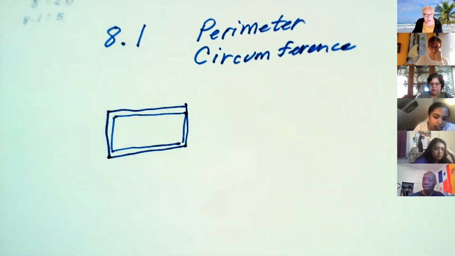For instance, if you needed to put a fence around something, or put baseboard around the edge of a room, you would want to know the perimeter.